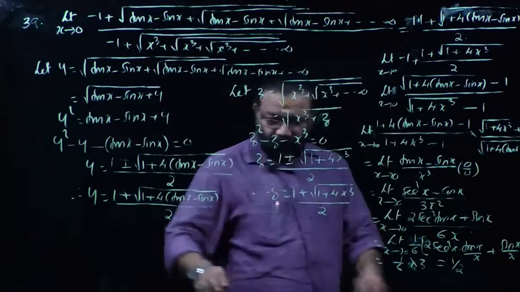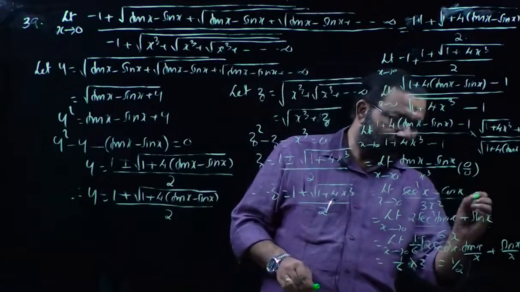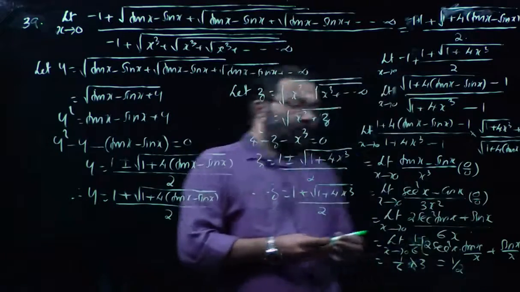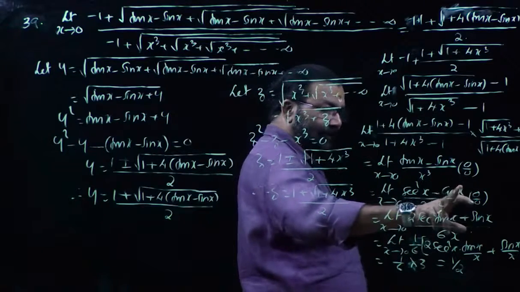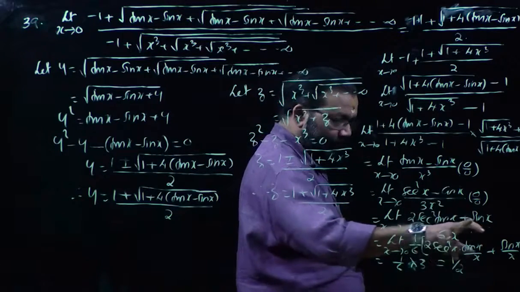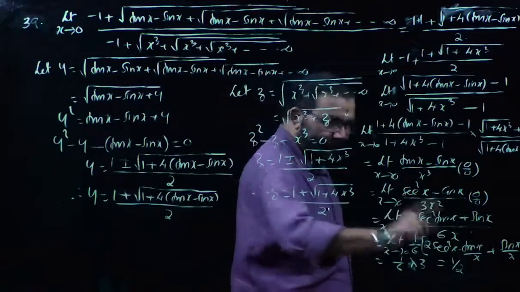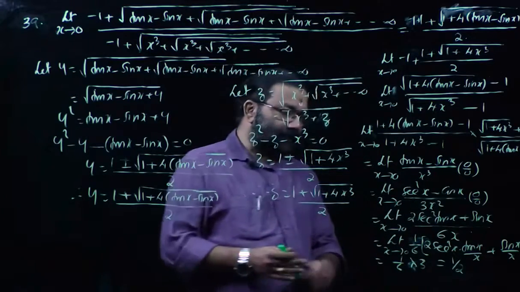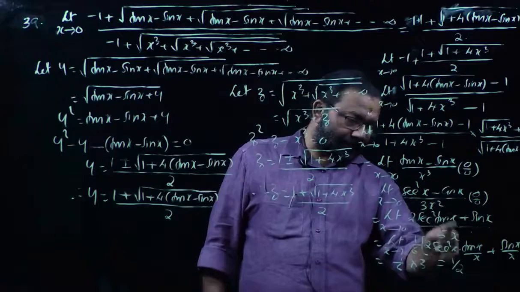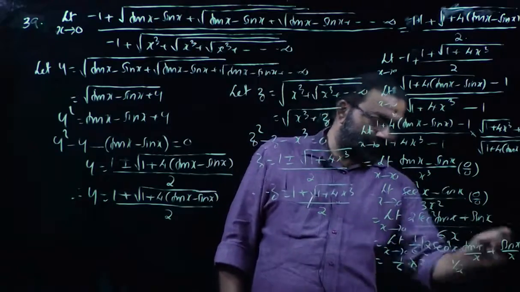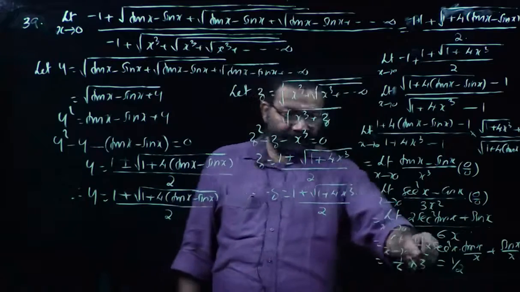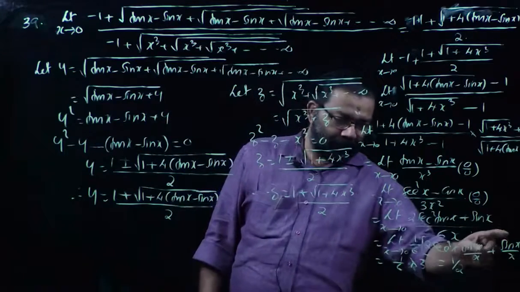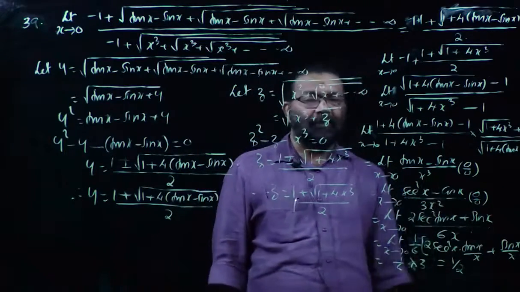Again of the form 0 by 0. So secant square has the derivative 2 secant square x tan x, cos x has the derivative minus sin x, so it becomes plus, by 6x. 1 by 6 I have taken outside, 2 secant square x tan x by x plus sin x by x. Tan x by x as well as sin x by x tends to 1. Secant 0 is 1. 2 plus 1, 3. 3 by 6 becomes half.